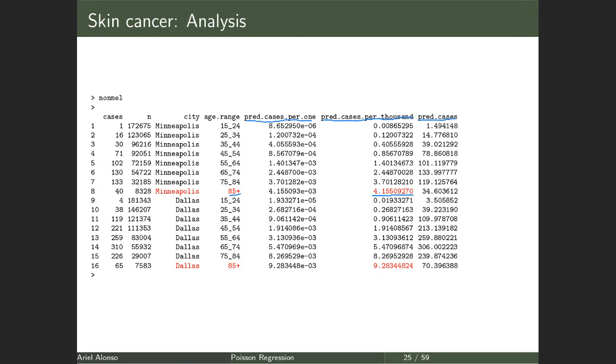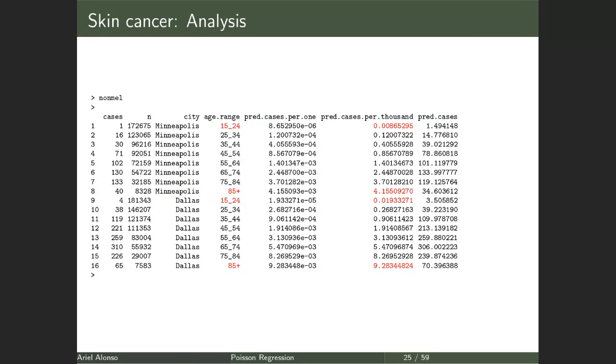And now in the same category in Dallas, 85 plus, the model will predict about 9 cases. As you can see, it is larger in Dallas than in Minneapolis. How much larger? About the 2.3 that we saw before. So that is what the model predicts. You will get 2 times more cases in Dallas than in Minneapolis for each age category.